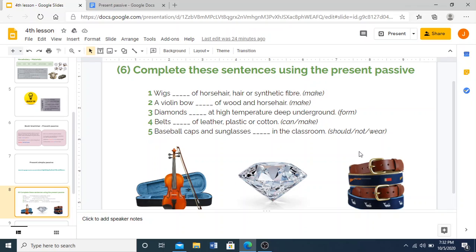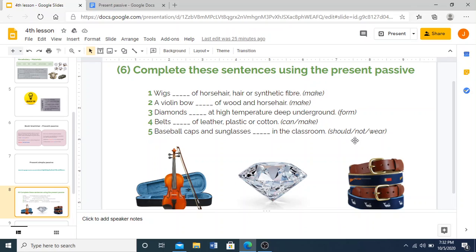Now, if all that talk has made you forget, the passive is made by using the present form of be, which is "is" and "are", with the past participle of the verb. Here, we have the verbs in brackets. So, 1, 2, 3, 4, 5. Change these sentences into the present passive.